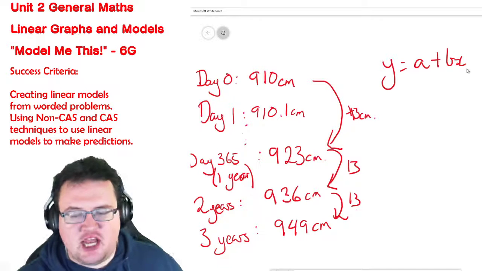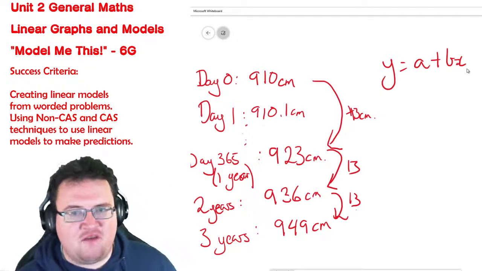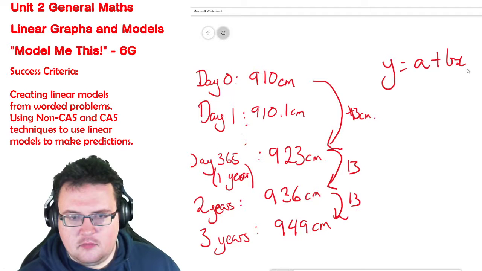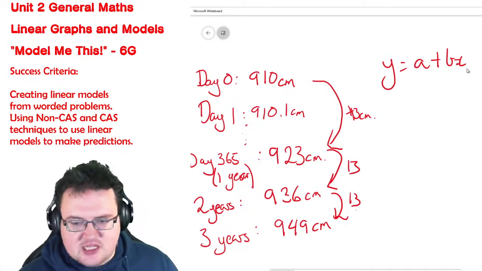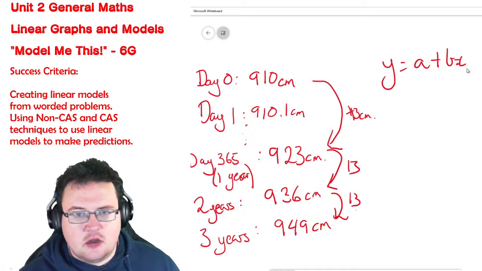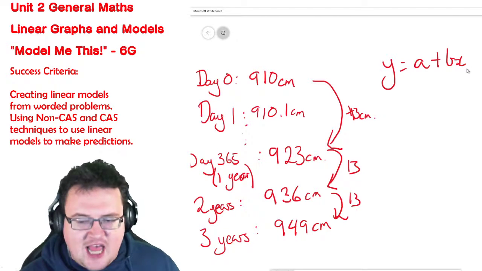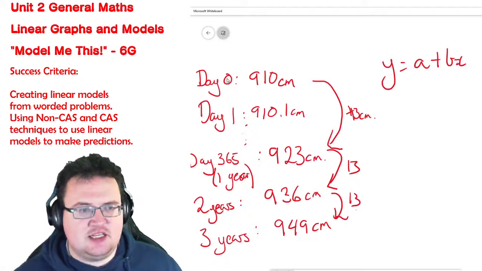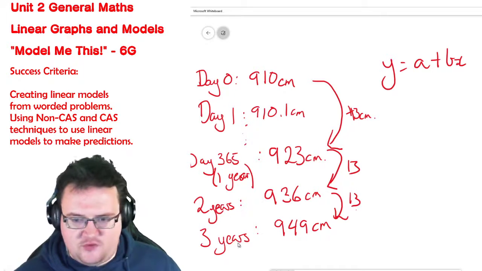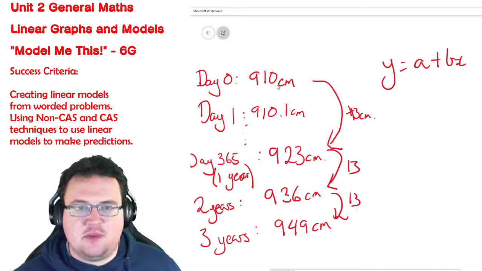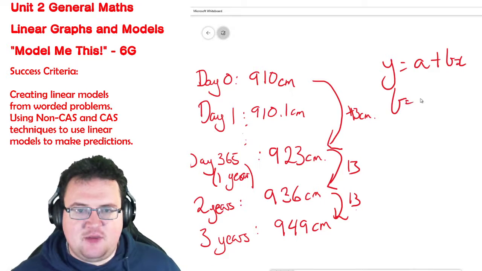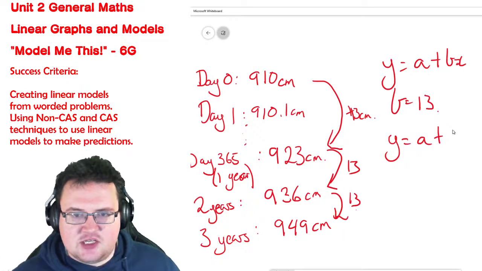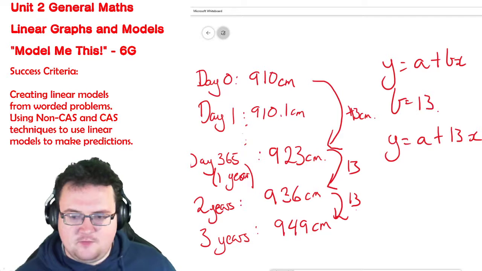What is changing, and how much is it changing by every year? It's changing by 13 centimeters. So that means that my B value is going to be 13. Because the day is 0, 1, 2, 3. Every year it's changing by 13. So B is going to be equal to 13. Y equals A plus 13x.